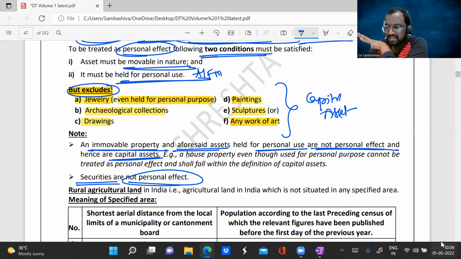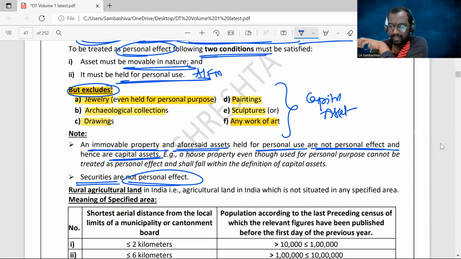They are directly credited to your demat account. So can you use the shares for your personal purposes? They are intangible. How are you going to use them? So that's why securities, even though the nature is movable, you cannot use them for your personal purposes. Hence, they are not personal effects. So securities are out and out capital assets.